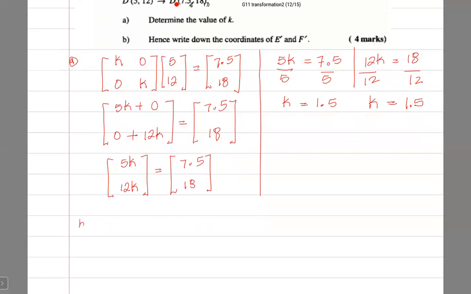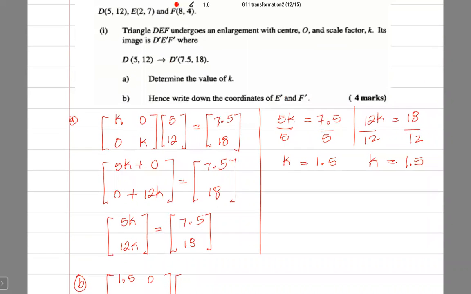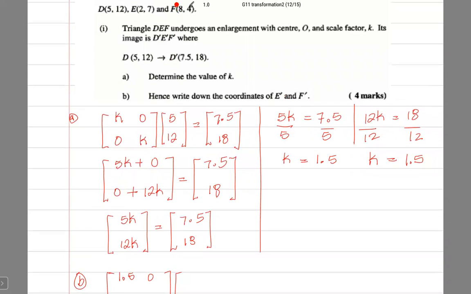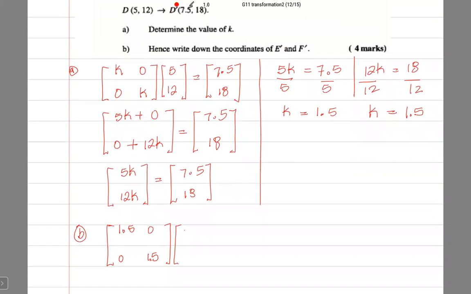Now we're going to apply the matrix [1.5, 0; 0, 1.5] to E, which is (2, 7), and F, which is (8, 4). So this is [2, 8; 7, 4], where this column is E and this column is F.